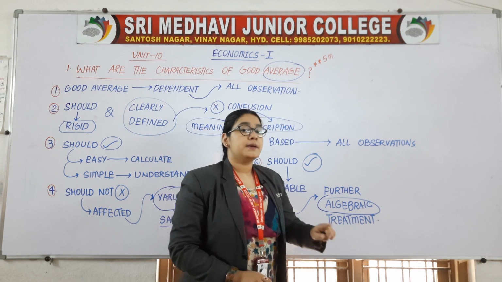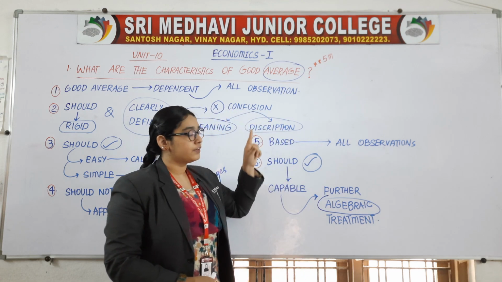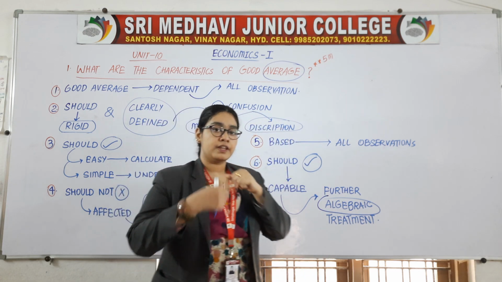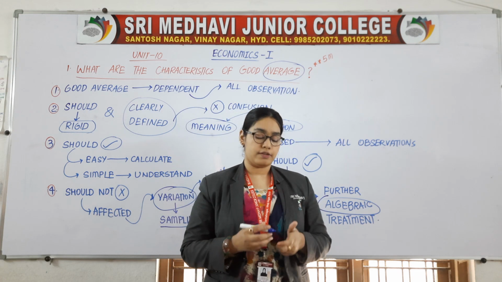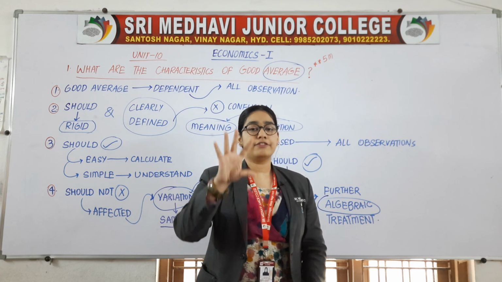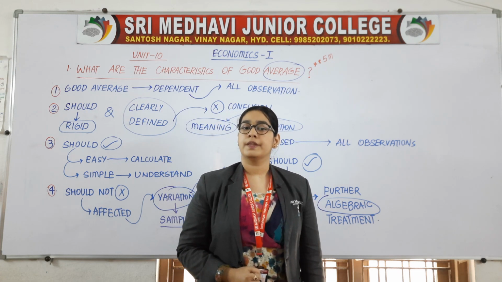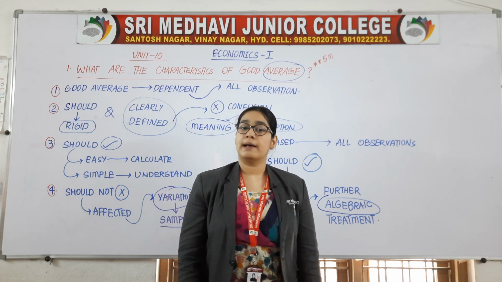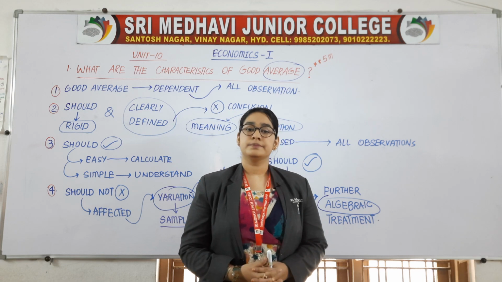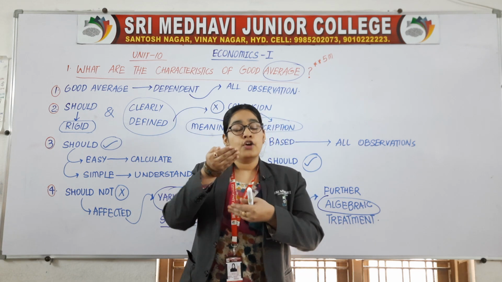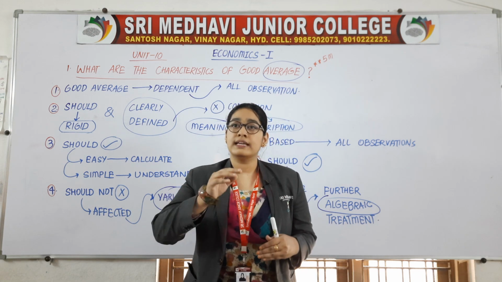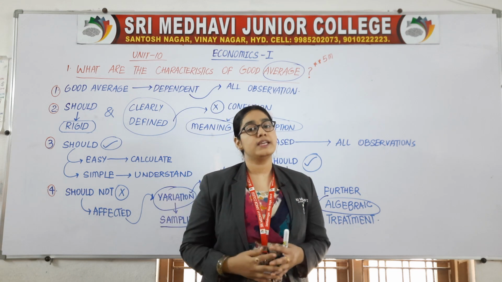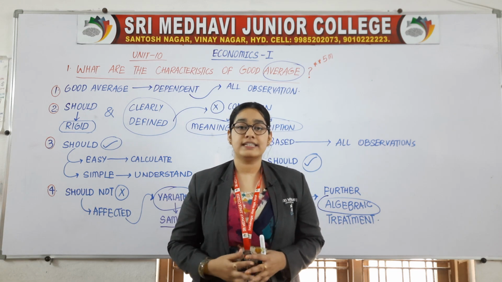algebraic treatment. For example, if I have given you a problem to solve, imagine that there are 5 steps in that problem. The first step you have done wrong. Then what will happen? Will you get a right answer? No. All the remaining 4 steps which you are doing will also be wrong. That will be affected.